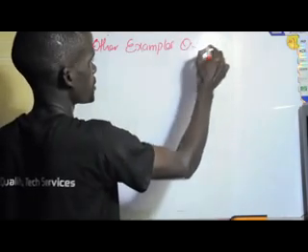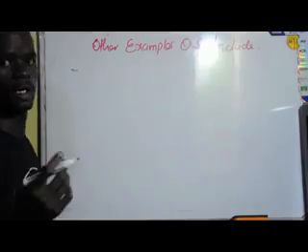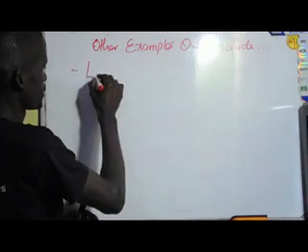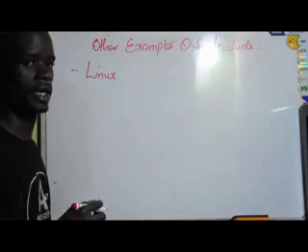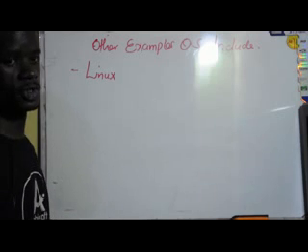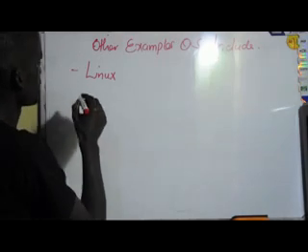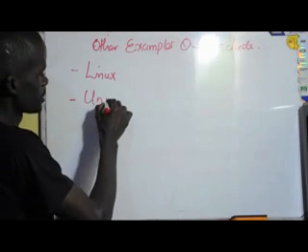So other examples of operating system include Linux. Linux is an operating system which was initially developed for command line interface. We have Unix.